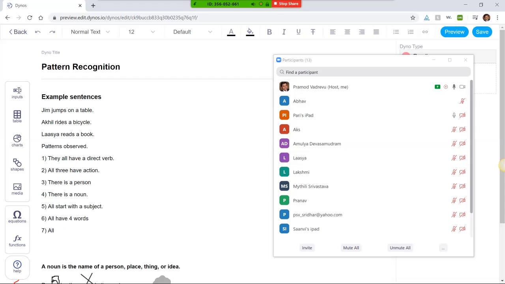You can say subject or a noun. What is a noun? I gave this to you. A noun is the name of a person, place, thing, or an idea. Noun is pretty generic. All end with an object, okay?